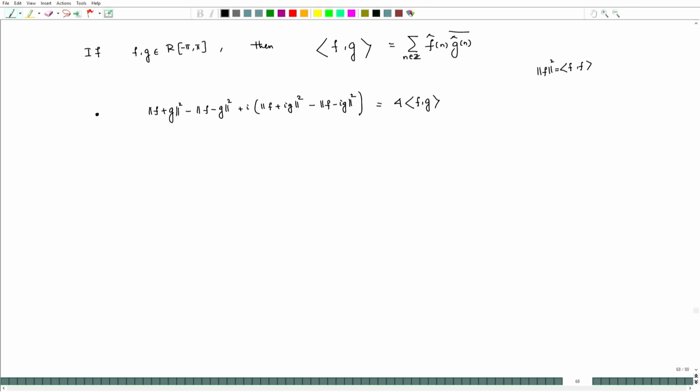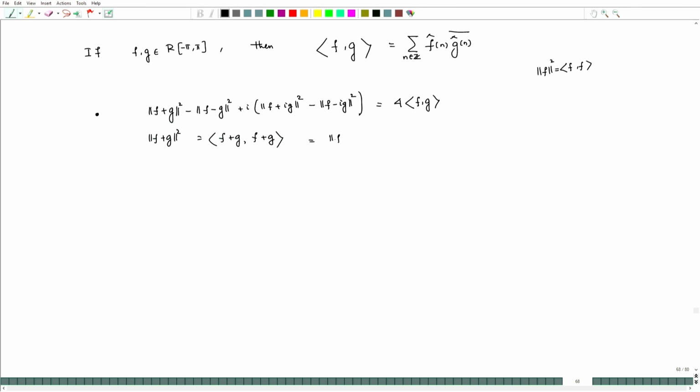This is a simple calculation. You start with norm of f plus g squared, which is equal to the inner product of f plus g with f plus g, and then you use the linearity of the inner product.